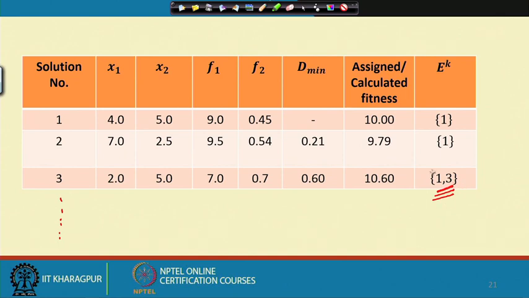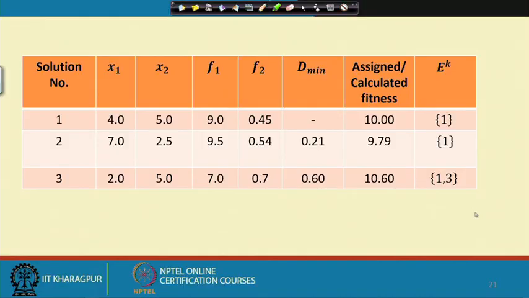And if I just plot this N 2 subpopulation at the end of a large number of iterations, there is a possibility you will be getting the Pareto optimal front solution.